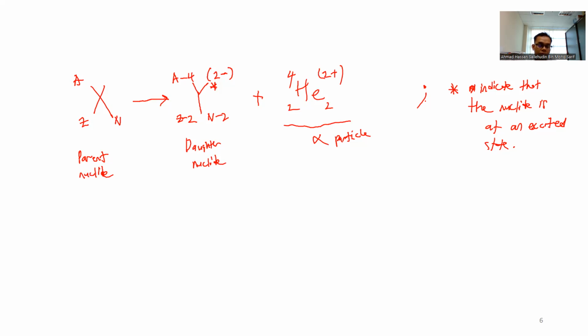Basically, gamma decay is the subsequent process of alpha decay or beta decay. We will come to that later. So that's alpha decay, and we can deduce the conservation of energy from this decay process.